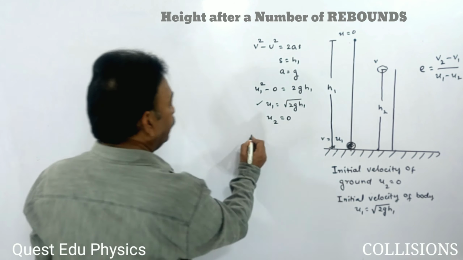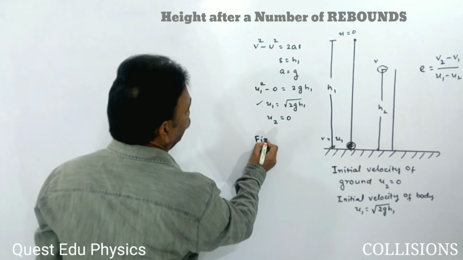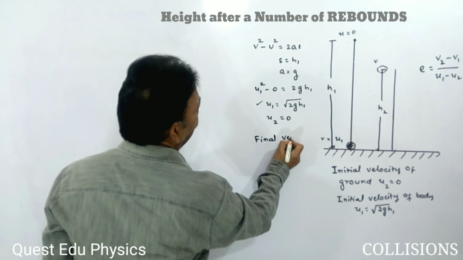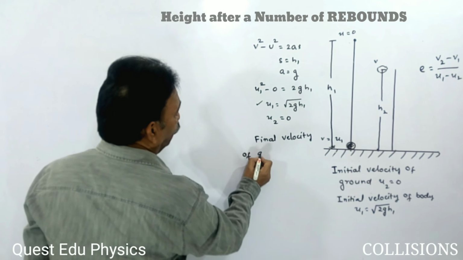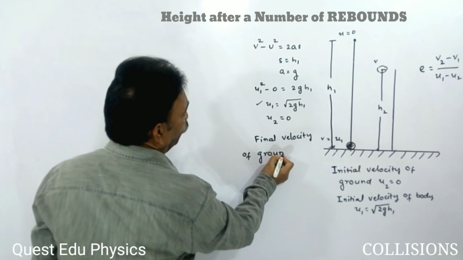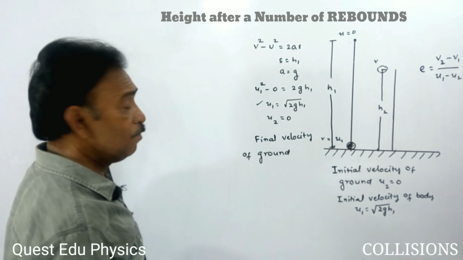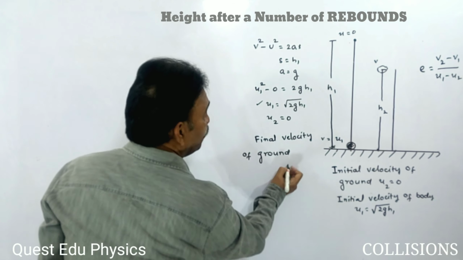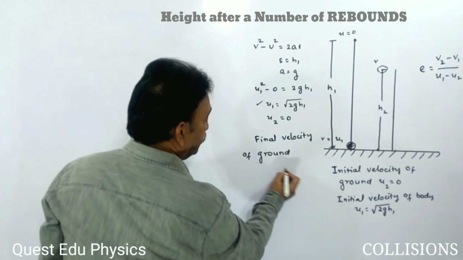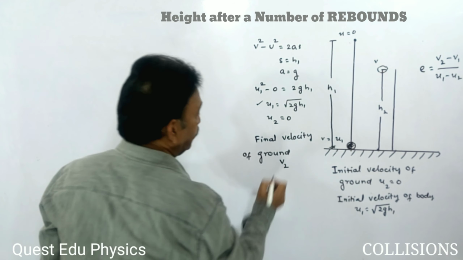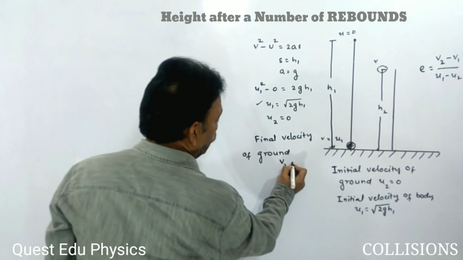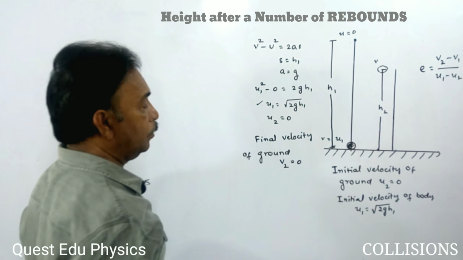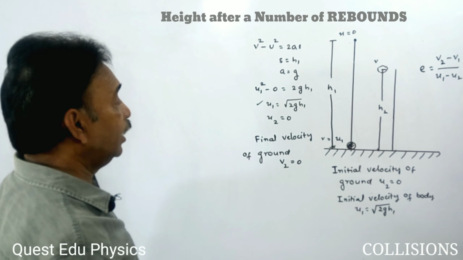So we are taking the final velocity of the ground, v2, is equal to 0.